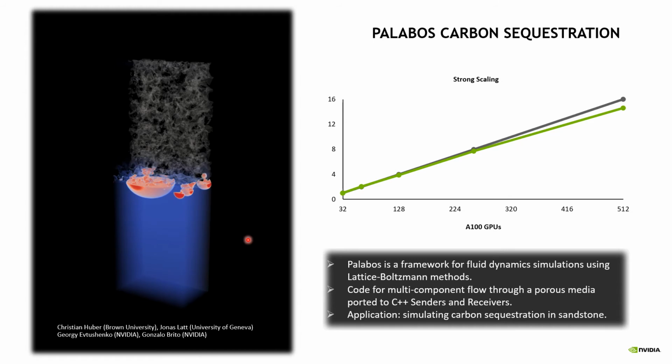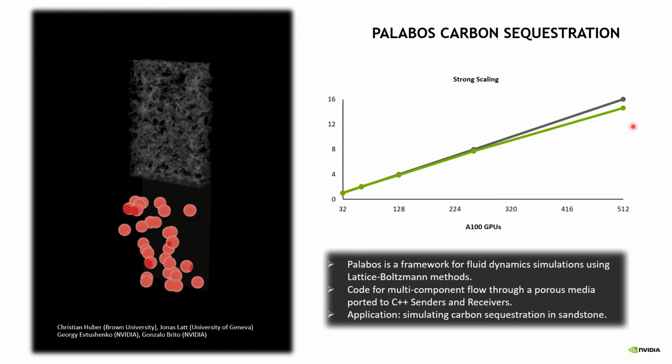So this code was ported or refactored to use the parallel algorithms, and then we've applied the senders and receivers library on top of that. And you can see scaling, in this case, strong scaling up to 512 GPUs using only the senders and receivers framework.